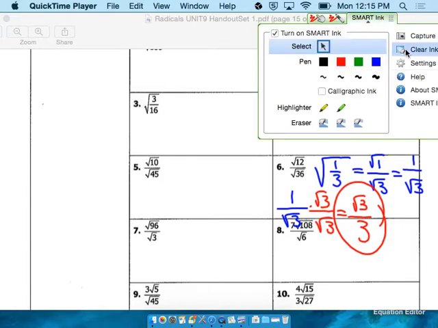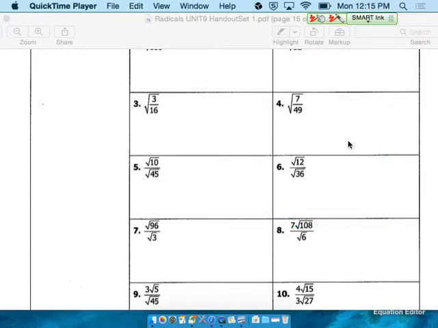Next I would like to move to the pizzazz, which is page 17. I didn't scan this, so I'm just going to copy a few of the problems. This is pizzazz 213, and let's look at letter S. Letter S is radical 3 over 7.